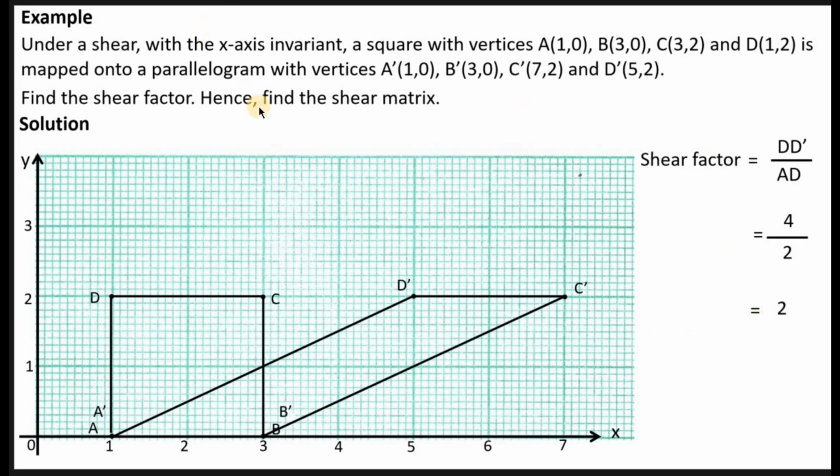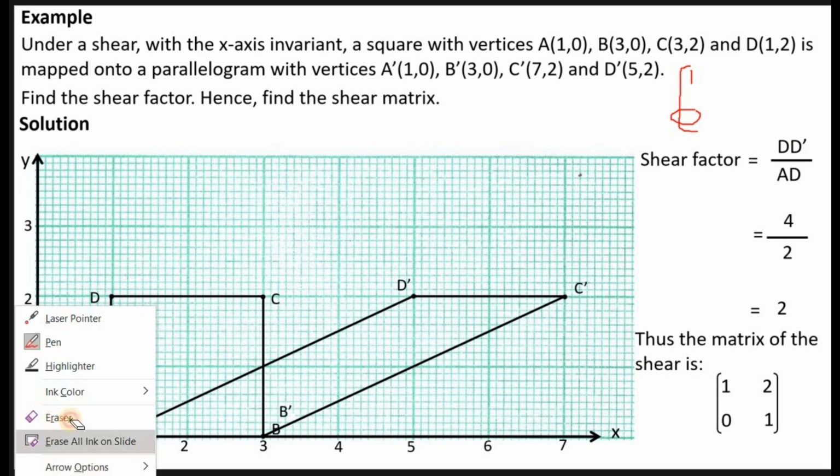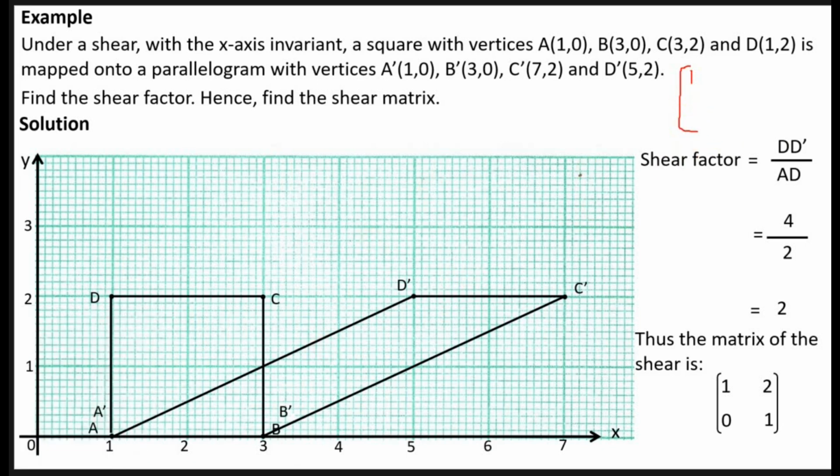Then the next thing was to find the shear matrix. Since this is parallel to the x-axis, the shear matrix will be like this: 1, 0, then k, then 1.